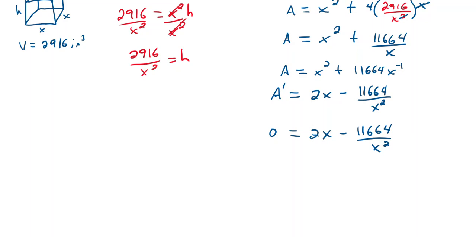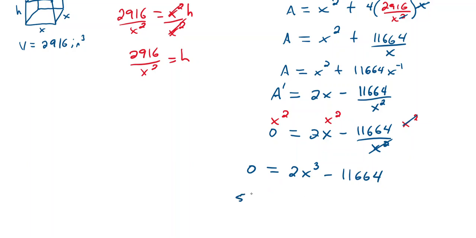Now I just need to get rid of the variable in the denominator, so I'm going to multiply every term by x squared. 0 times x squared is still 0, and this becomes 2x cubed, and those cancel, so minus 11,664.